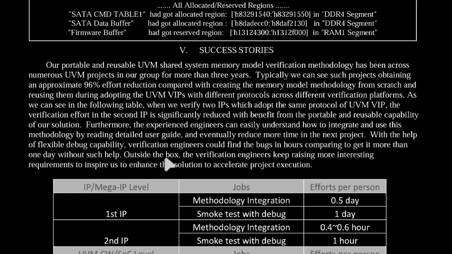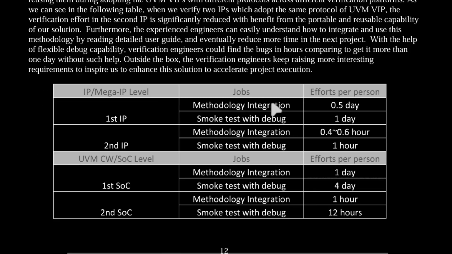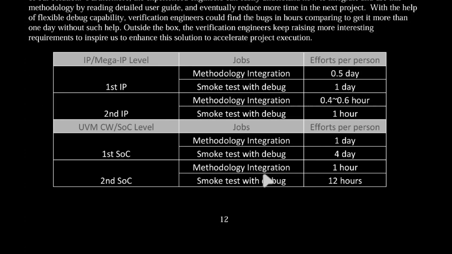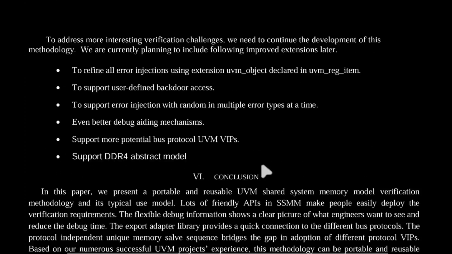Outside the box, verification engineers keep raising more interesting requirements that inspire us to enhance this solution to accelerate project execution. This table shows two other more interesting verification challenges we need to continue to develop after this methodology. We are currently planning to include the following to improve the extension later.